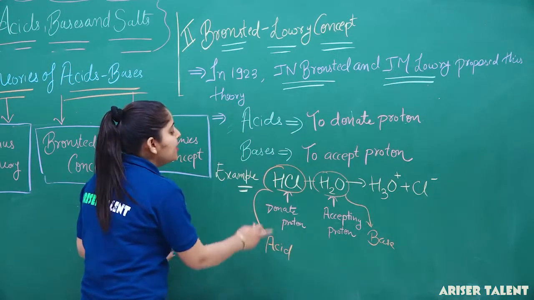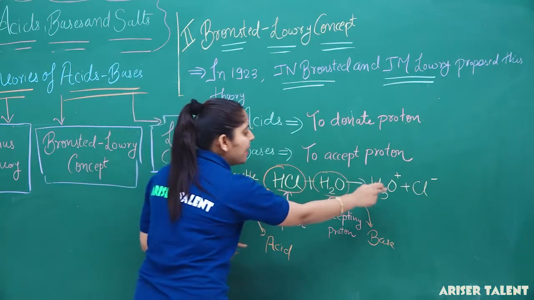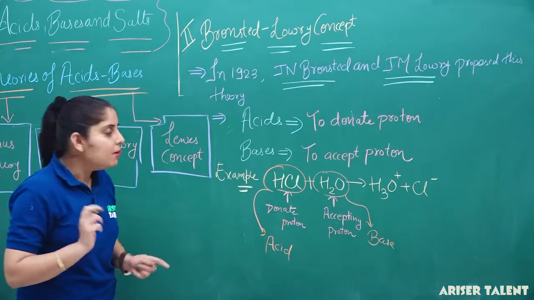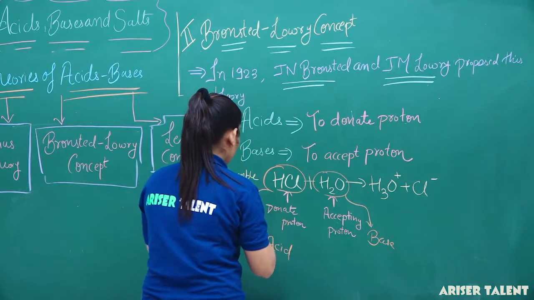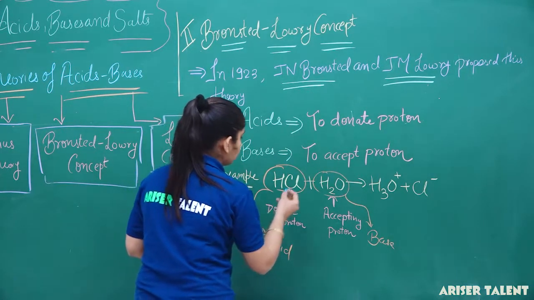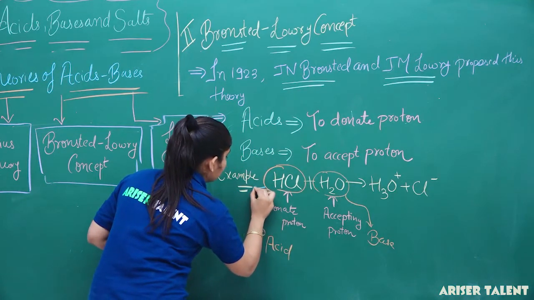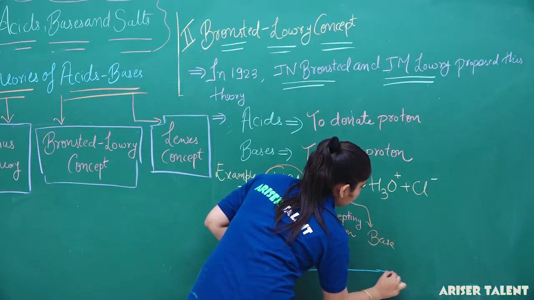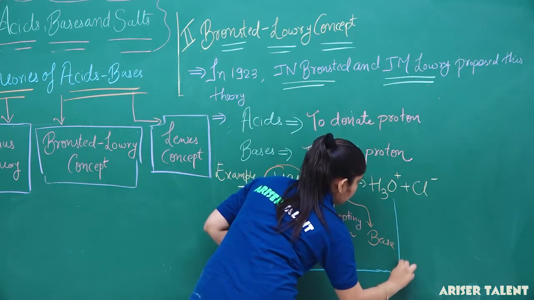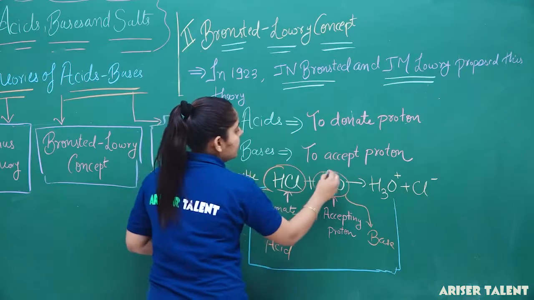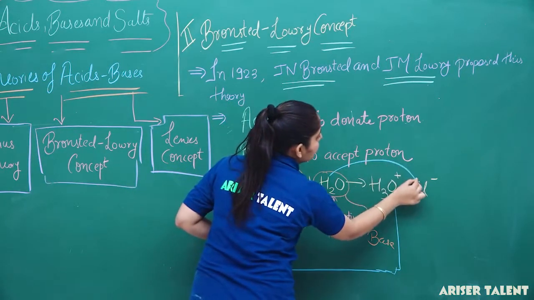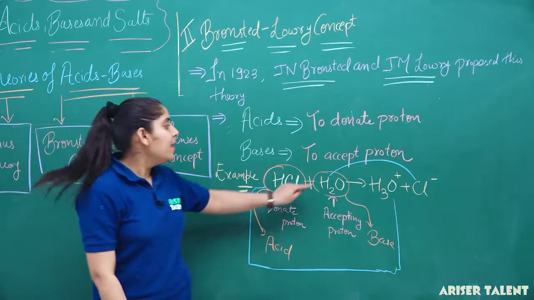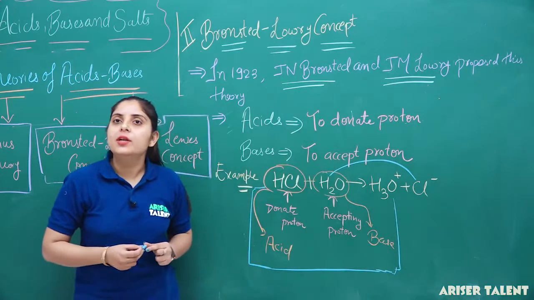So we can say that this is the acid base pair and this is another acid base pair we have provided here. So we can say that this is one pair and again we have this second pair. So this is called the conjugate acid base pair and the other pair is known as the conjugate acid base pair.